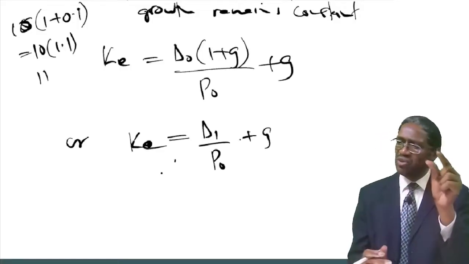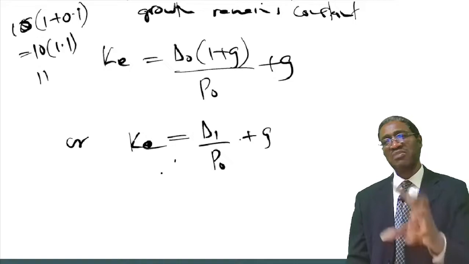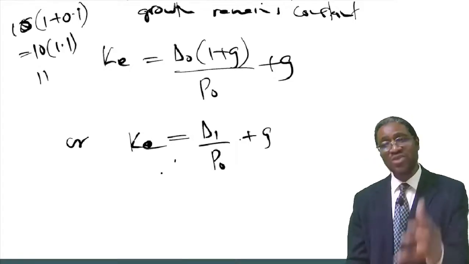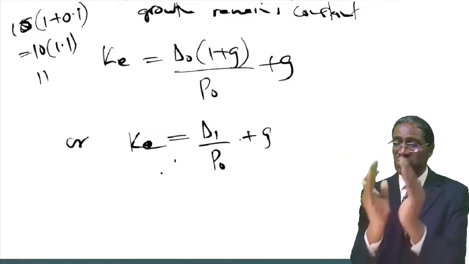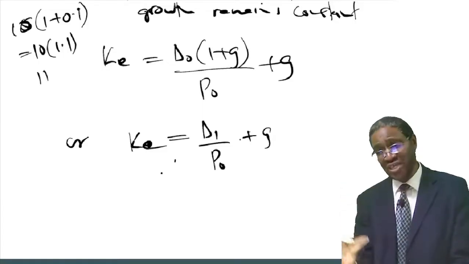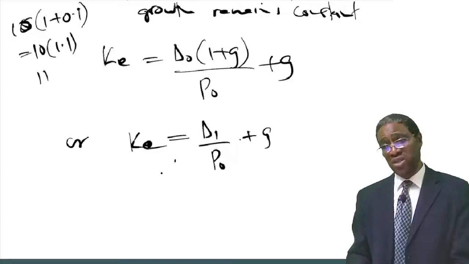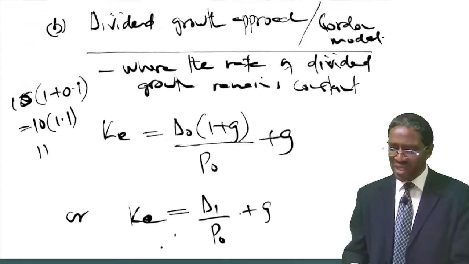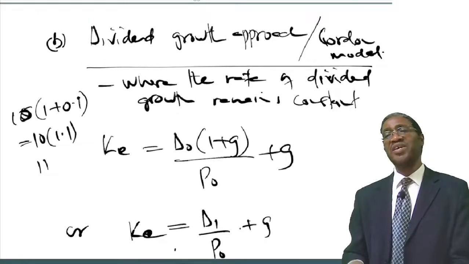If he gives you the amount paid as dividend last year, then that becomes D0, and you multiply it by the growth factor, which is 1 plus G. Then, whatever you get as your dividend yield, you add the growth rate. That is the approach we call the dividend growth approach.